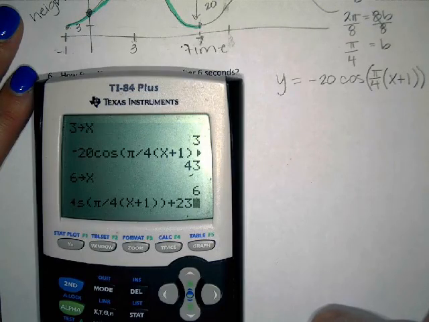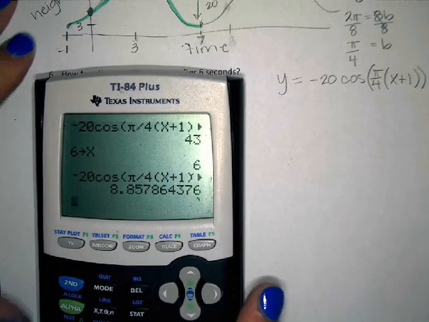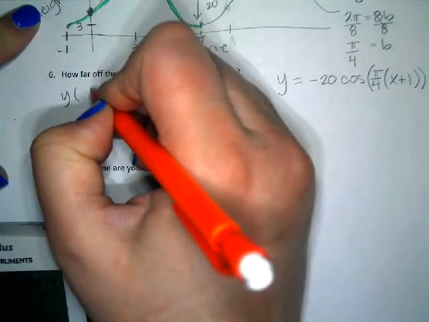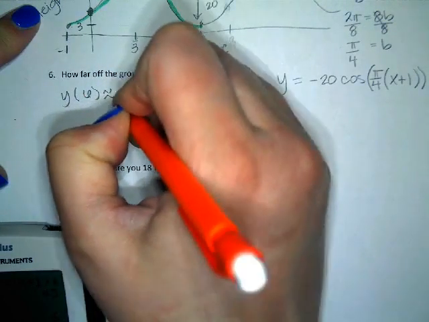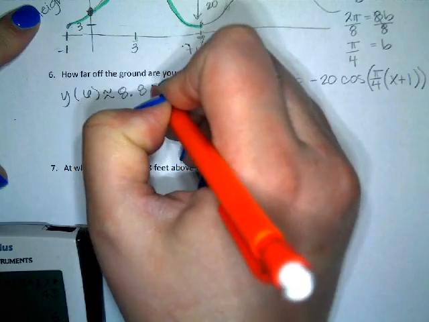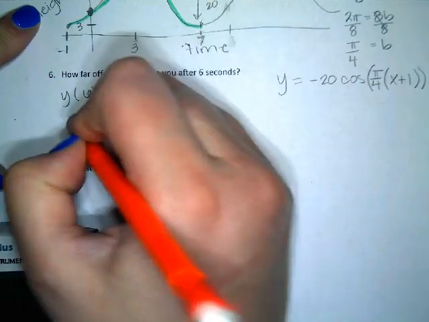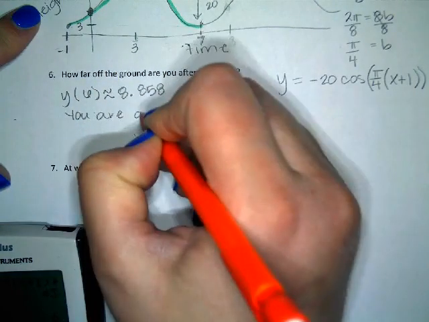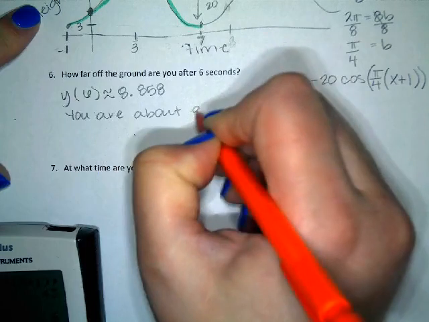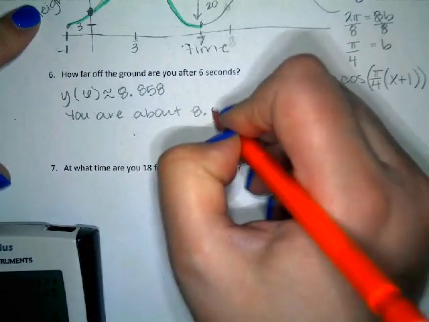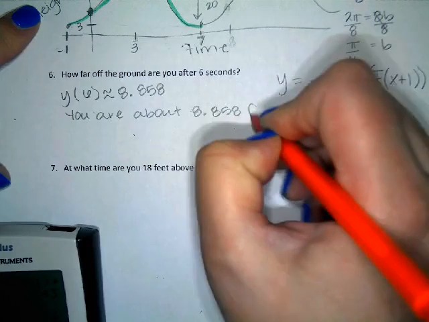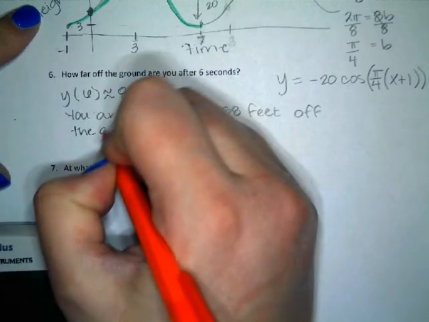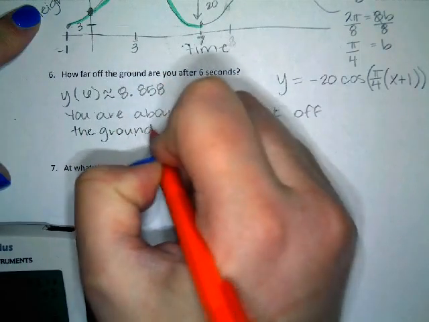If I take my function and plug in 6, I get 8.858. So you are about 8.858 feet off the ground after 6 seconds.